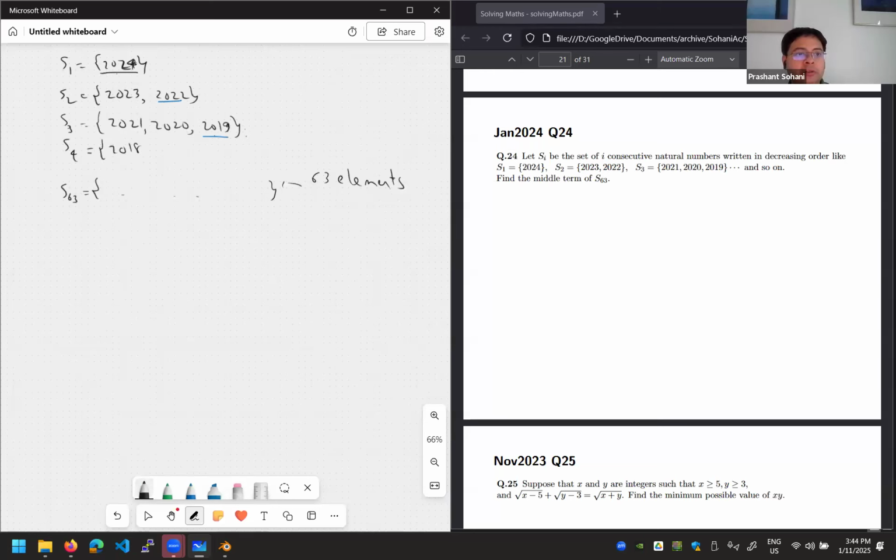So 2018. Suppose I make a table of just the last element. Here I have n, and let us say ln to indicate the last element. For the first set, the last element is 2024. For the second set, it is 2022.